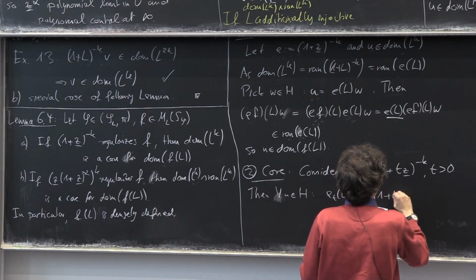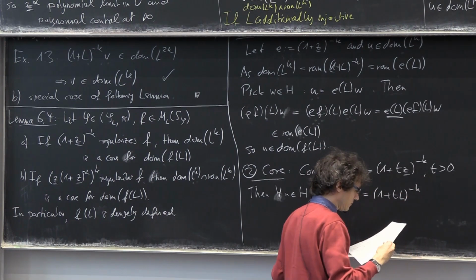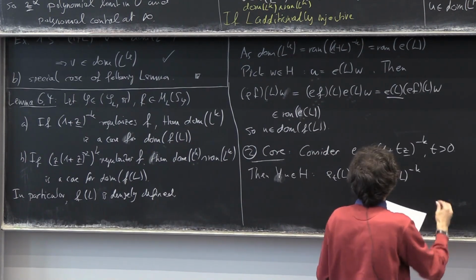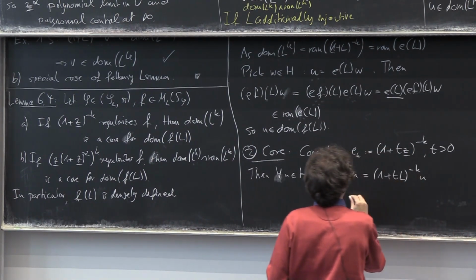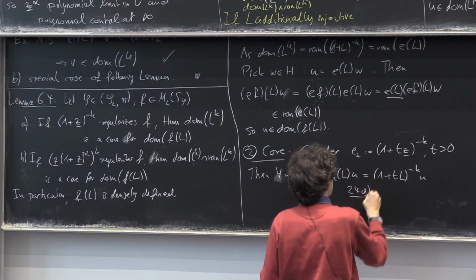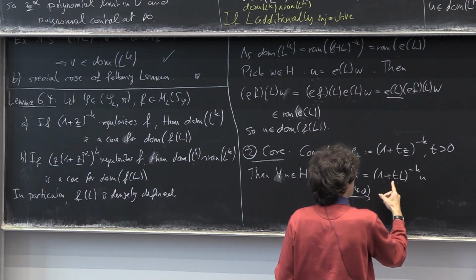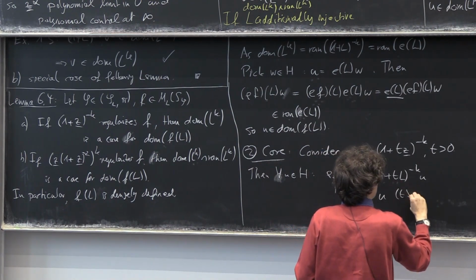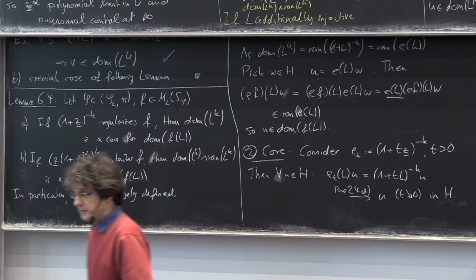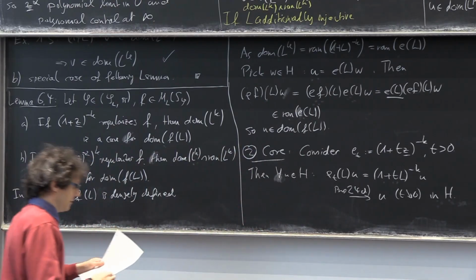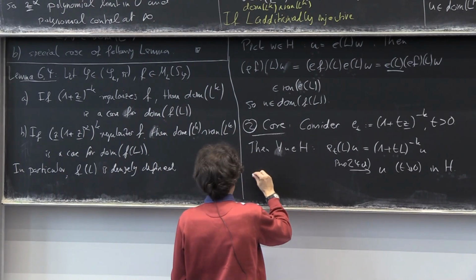So this is (1 plus tL) to the minus k, applied to u. And now this is proposition 2.4 (d), which tells us that if you let t go to 0, this goes to u, as a limit in H. Okay, that's this approximate identity thing.